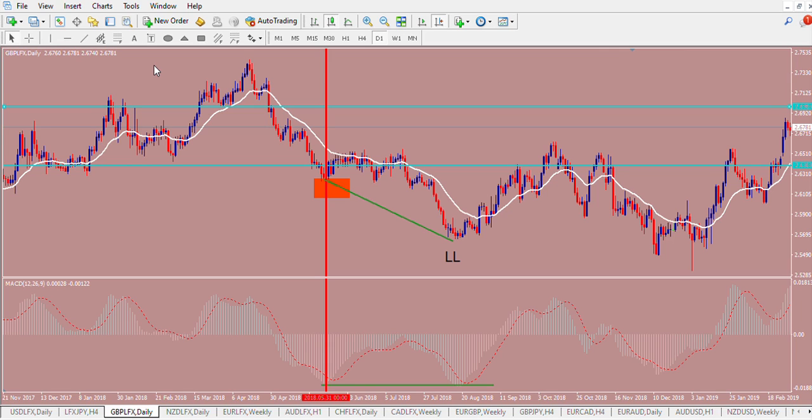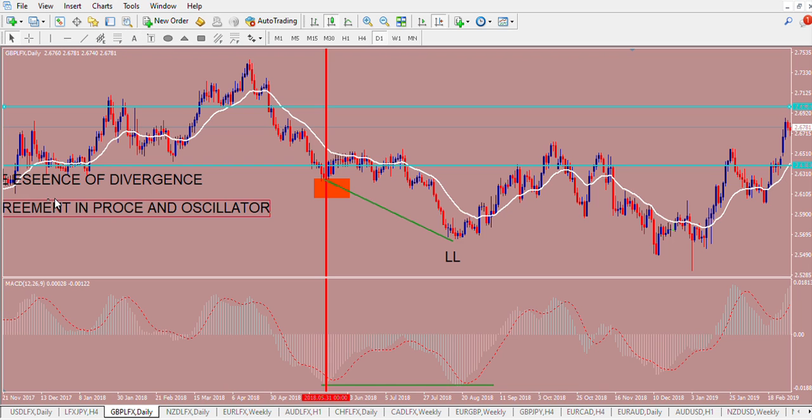Remember, the core essence of divergence is what? When two of them do not agree. The core essence of divergence is a disagreement in price and oscillator.